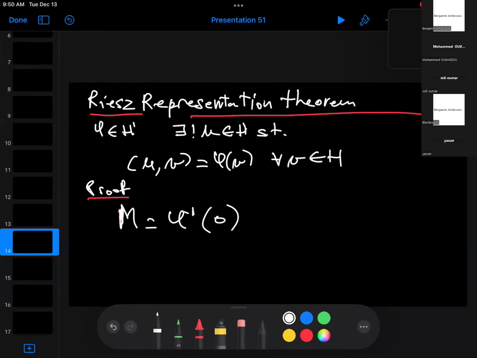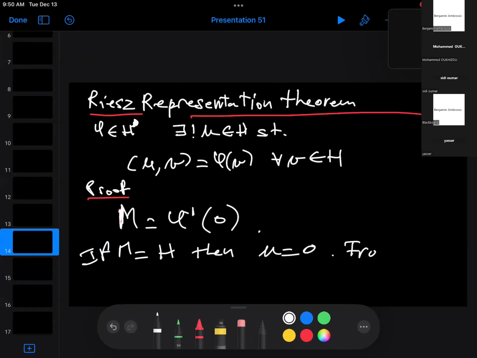So you have a function phi in H prime, and you define M as the reciprocal image of 0. Okay, so if M equals H, then U equals 0, and that's it.